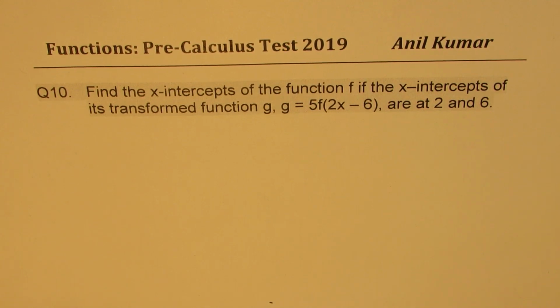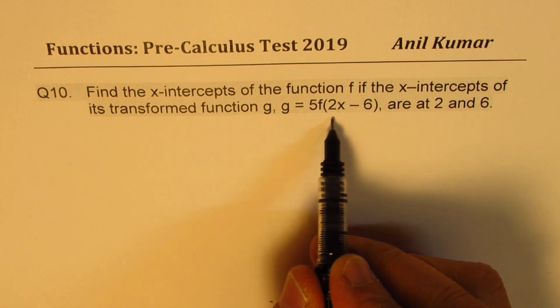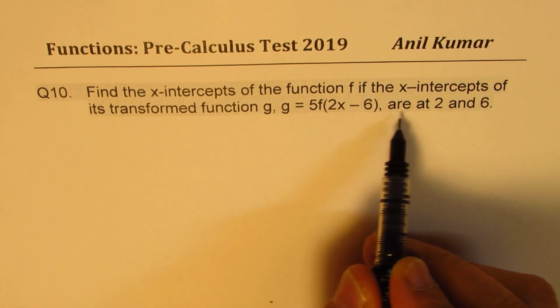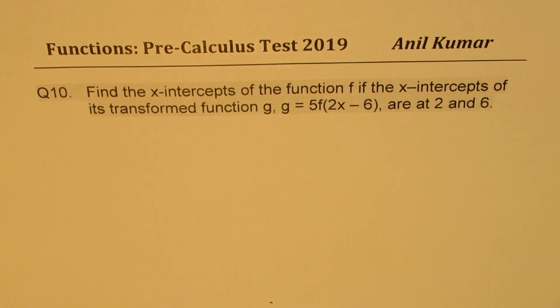Question number 10. Find the x-intercepts of the function f if the x-intercepts of its transform function g equals 5f(2x minus 6) are at 2 and 6. Okay. Now this is a very important question. Here we may have to do some reverse calculations.